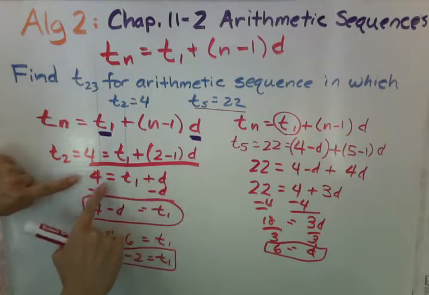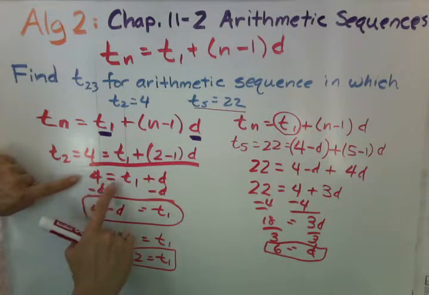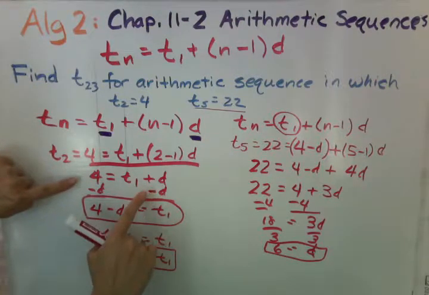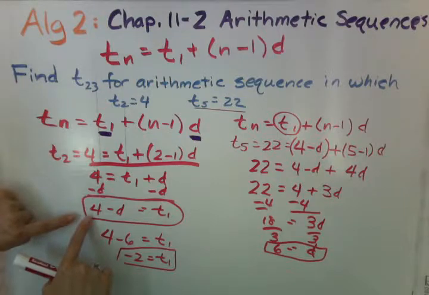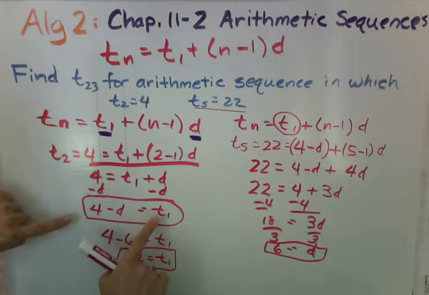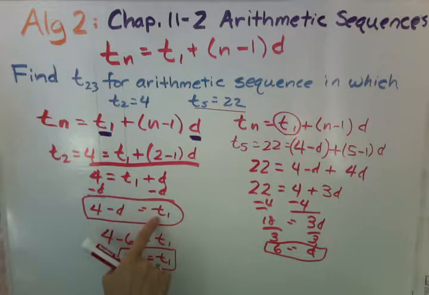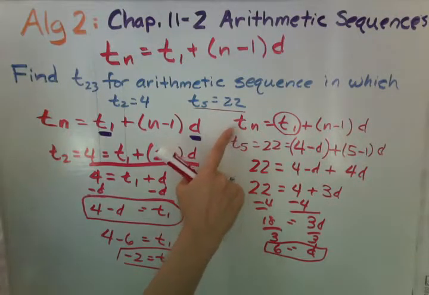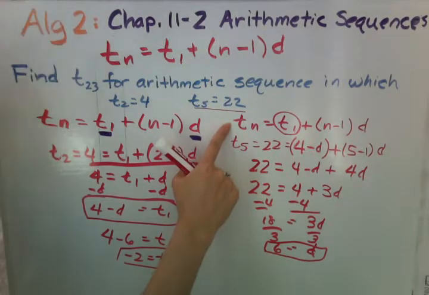Then we're just solving for T1 here. Even though there's two variables, we're just solving for T1. We isolate T1 by subtracting d from both sides, and we get 4 minus d equals T1. We're going to use 4 minus d as a substitution for T1 in the next equation. We use the original equation again.